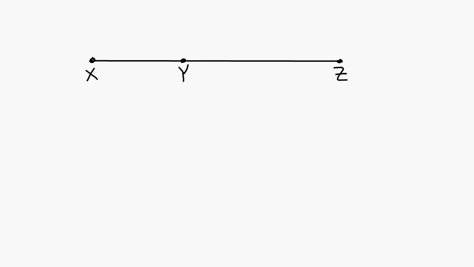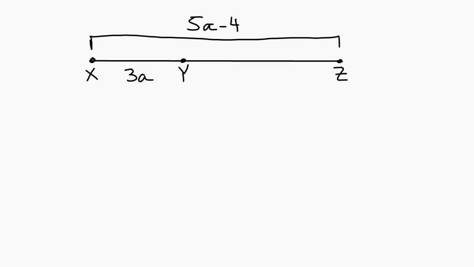X to Z, the entire segment, is 5a minus 4. X to Y is 3a, and Y to Z is 14. You're asked to find the value of A.